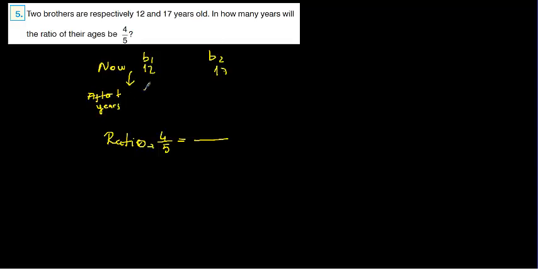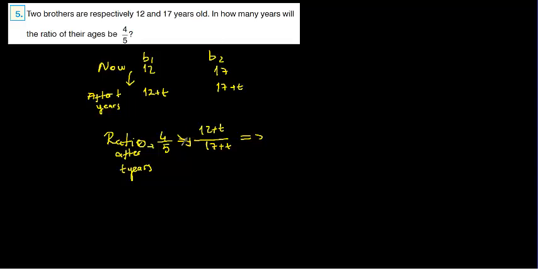the first brother's age is going to be 12 plus t, and the second brother's is going to be 17 plus t. Then the ratio after t years is going to be 4 over 5. So 12 plus t over 17 plus t is equal to 4 over 5.